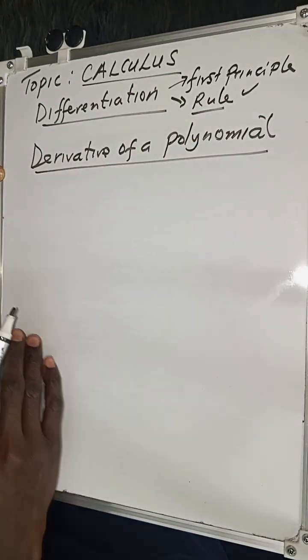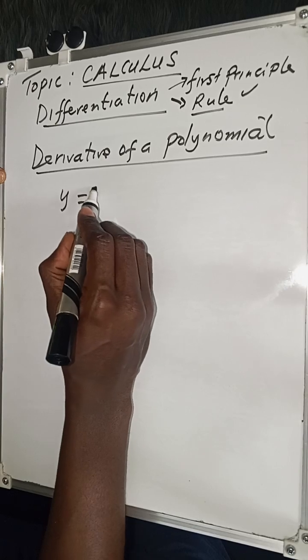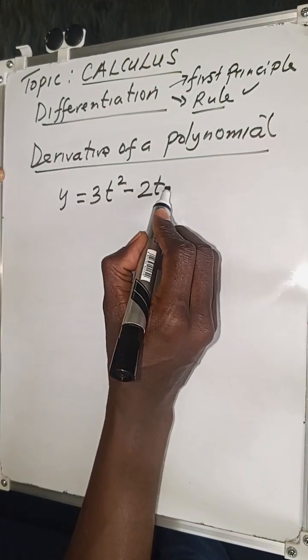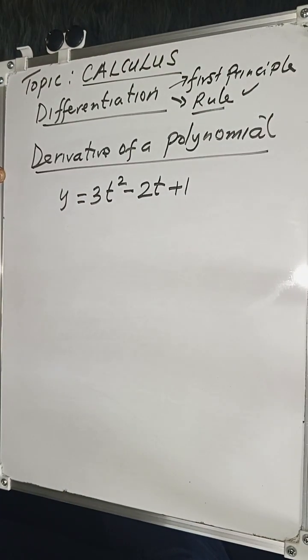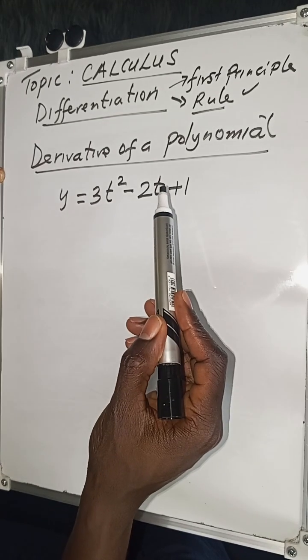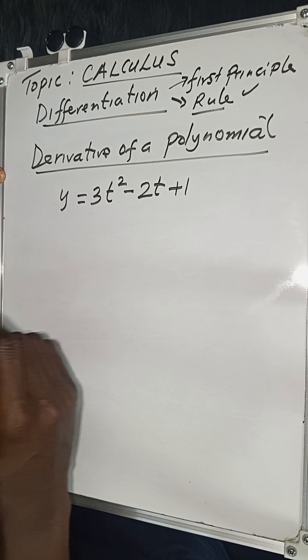Remember, poly means many. For example, you have y is equal to 3t raised to the power 2 minus 2t plus 1. Imagine that you're finding the derivative of that. Well, the derivative of a polynomial such as this one is the sum of separate derivatives of the terms.